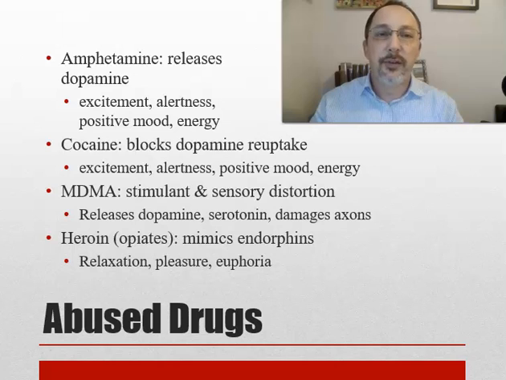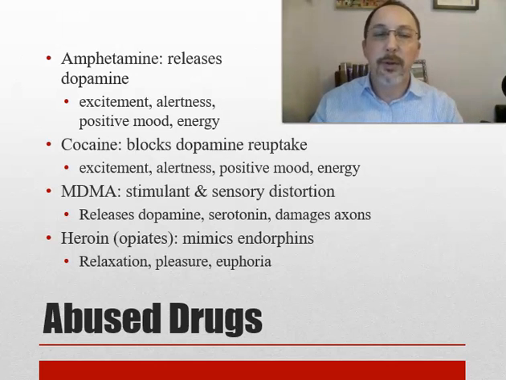And this releases dopamine and serotonin, but it damages the axons. And so this is one of the most dangerous drugs that a person can take in a non-clinical setting, because under the conditions where it's taken generally, it amplifies the damage. So you end up with permanently damaged neurons.